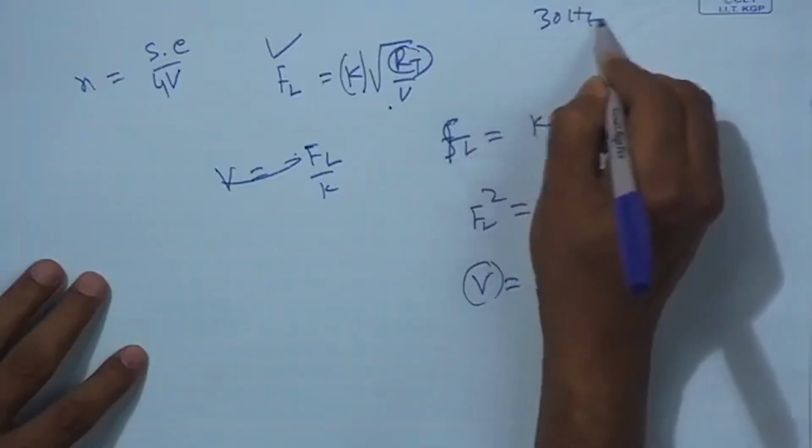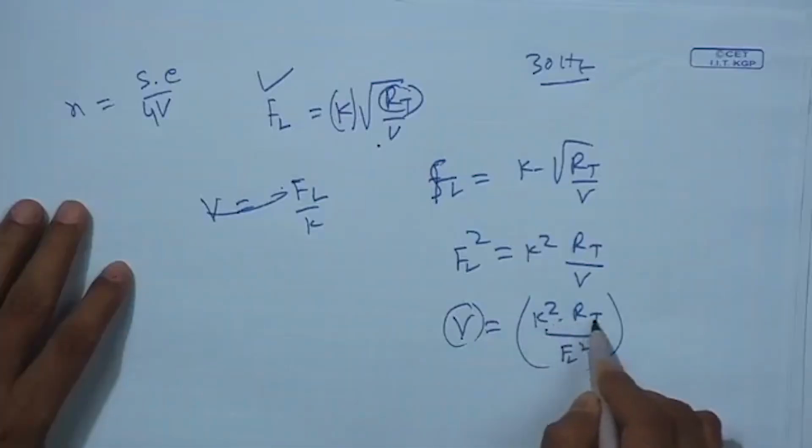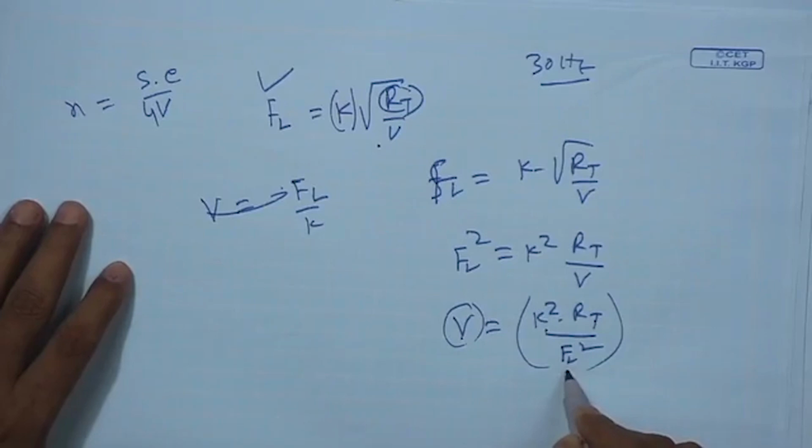The minimum volume is required at the lowest frequency, 30 hertz, and then it supports high frequency also. So the volume required, K squared RT divided by FL squared, is the minimum volume required to support large room acoustics for music. For speech, the FL value is 80 hertz or 60 hertz.